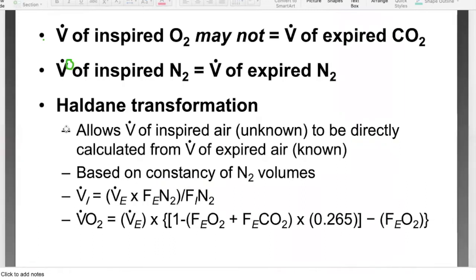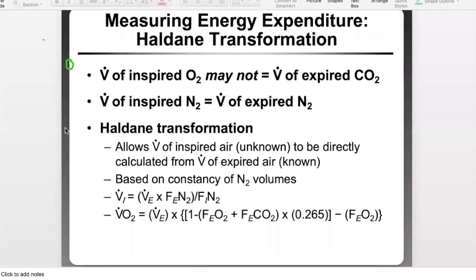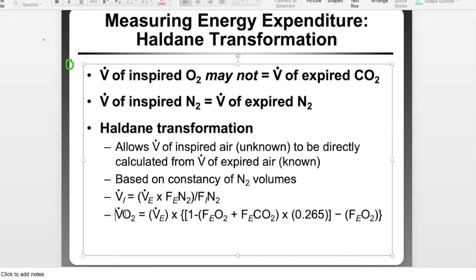And now that I know the volume of oxygen compared to the volume of carbon dioxide, I can plug it into these Haldane transformation equations. I'm never going to ask you this equation ever. And you can get an estimate of your expired VO2.